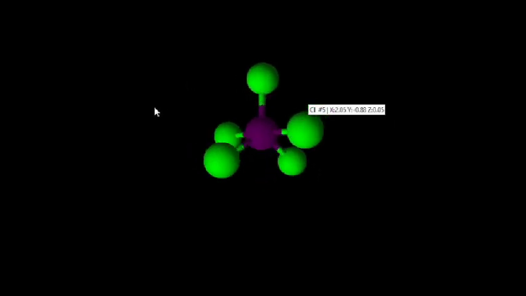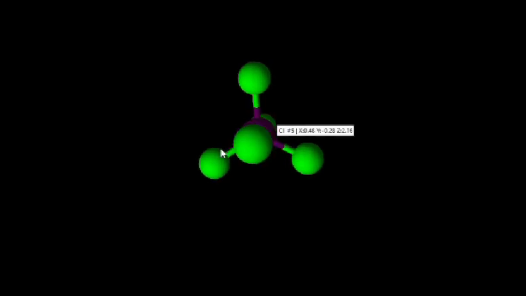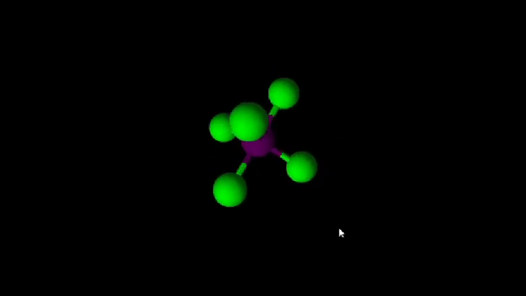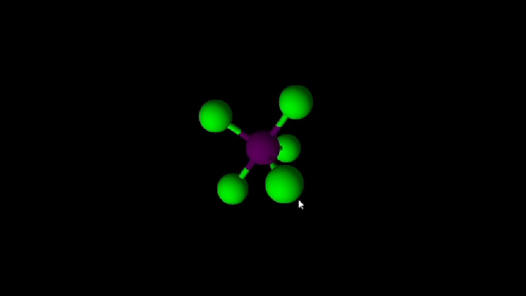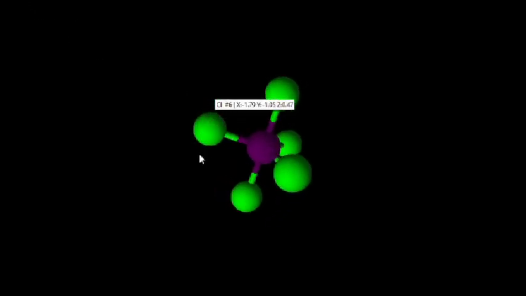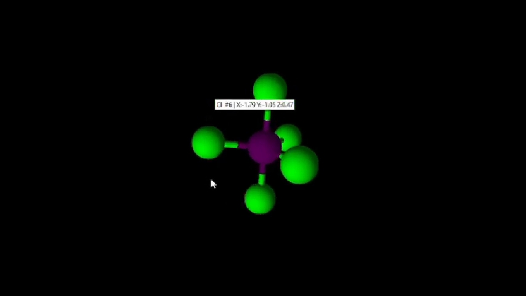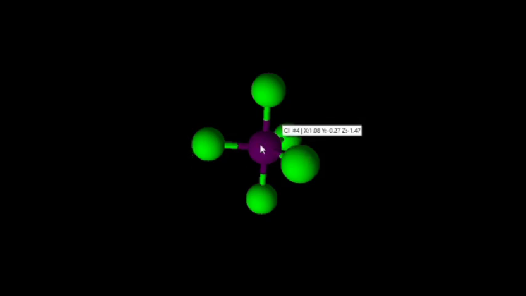So it is visible in different ways, from different angles. Now this is the way we drew it in the earlier example. So this bond goes into the plane, this comes out from the plane, this is on the plane, and these three iodine atoms are also on the plane.